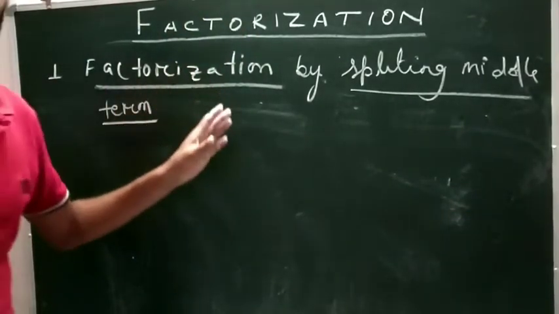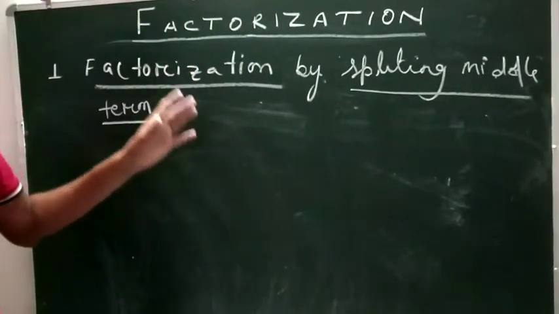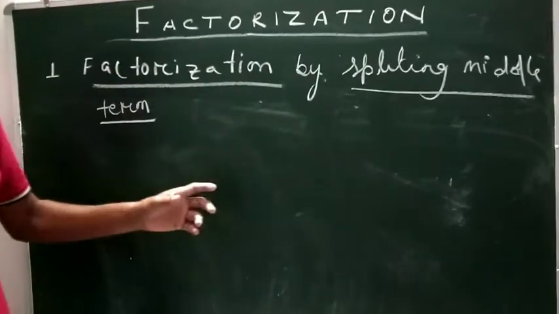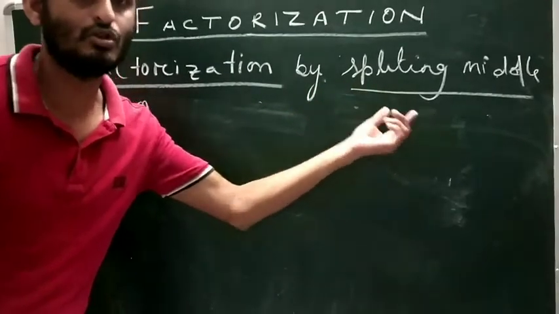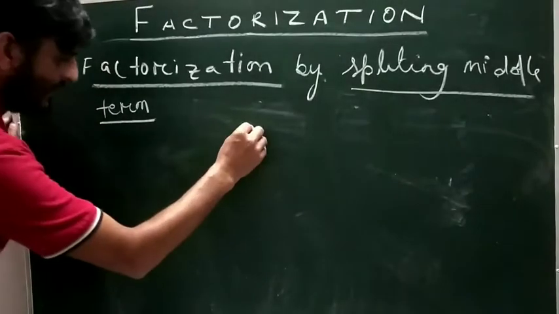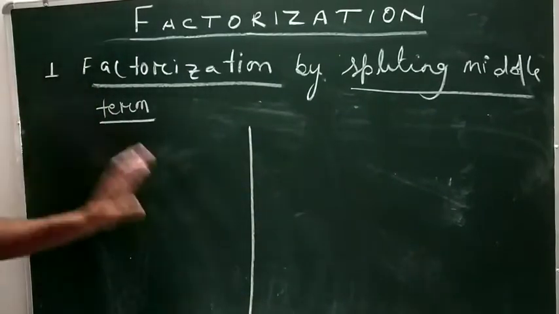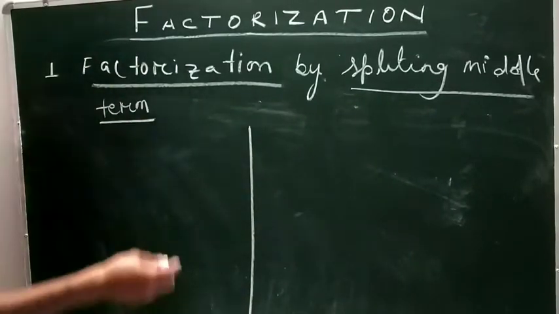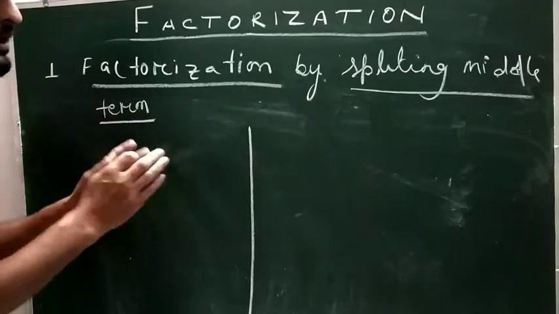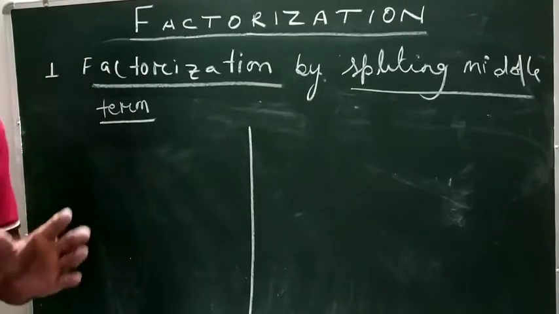This is a special kind of factorization. So here we will take 2 examples. There is a special formula for splitting the middle terms. This is a little bit of a difficult part, but you can understand it very easily if you know prime factorization.